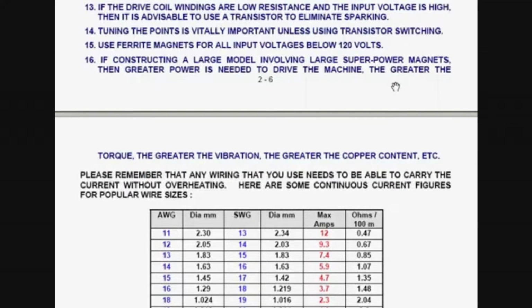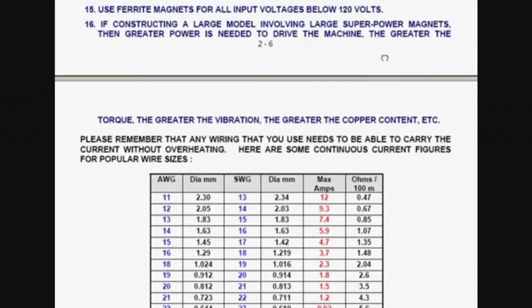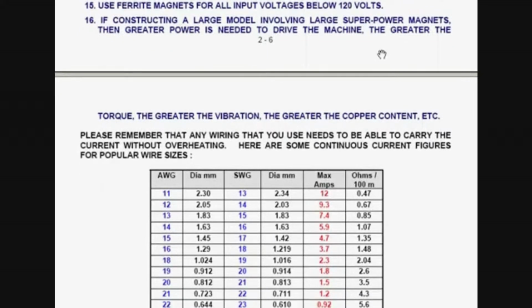If the drive coil windings are low resistance and the input voltage is high, then it's advisable to use a transistor to eliminate sparking. 14. Tuning the points is vitally important unless you're using transistor switching. 15. Use ferrite magnets for all input voltages below 120 volts.